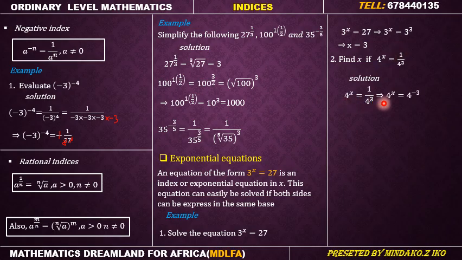So it implies that 4 power x is equal to 4 power negative 3, and since the bases are the same, we simply equate the powers. Therefore x is equal to negative 3.